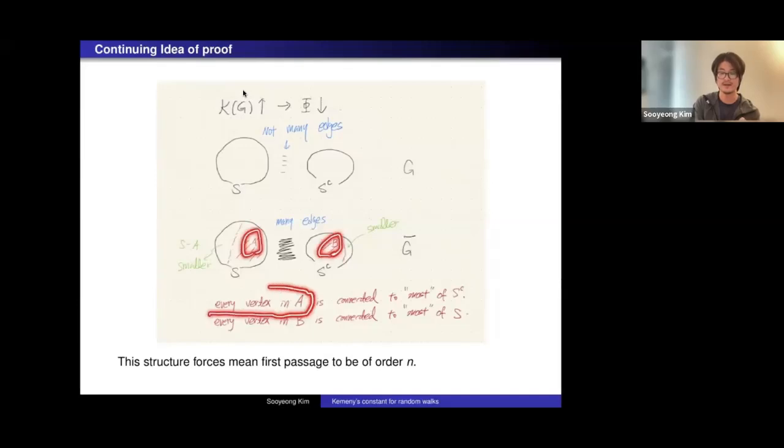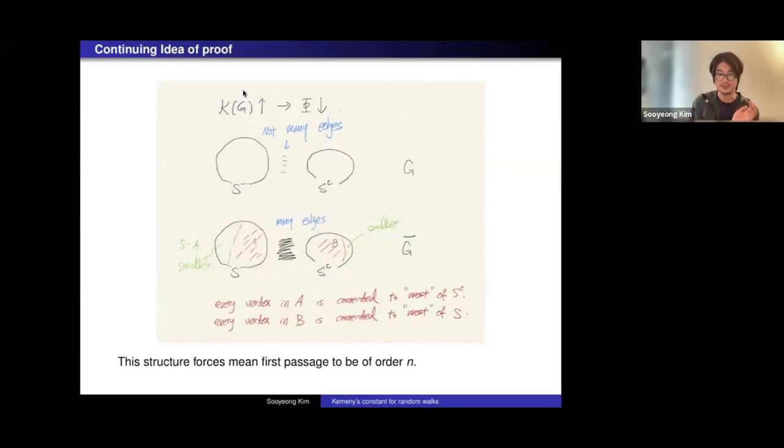Every vertex in set A is connected to most of S complement. So when you pick a vertex here, it is connected to most of S complement. Vice versa here: pick a vertex, then it is connected to most of the vertices here. And further, S minus A, the set difference, and S complement minus B are relatively smaller than the size of A.